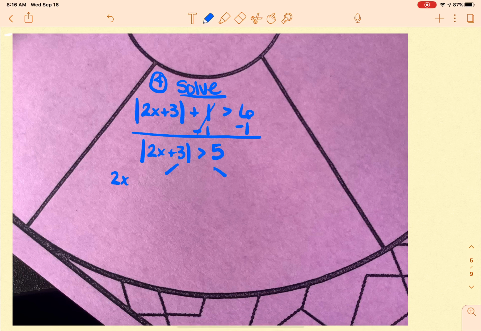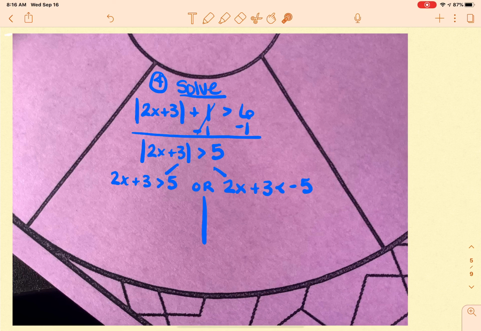So 2x plus 3 is greater than 5. Just writing the inequality that's there, just drop the absolute value bars. Second time through, flip the sign of the inequality and flip positive 5 to negative 5. And now we've got some solving to do.